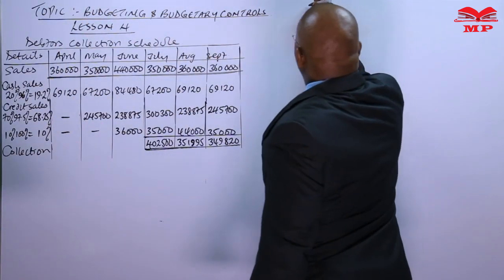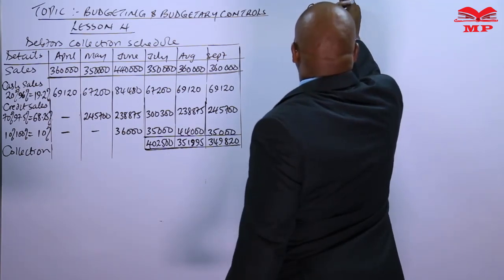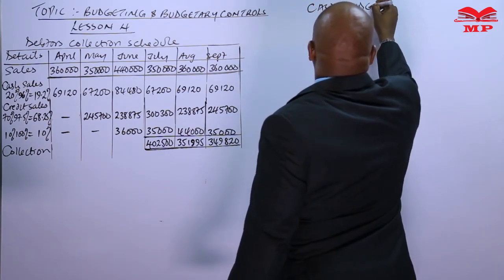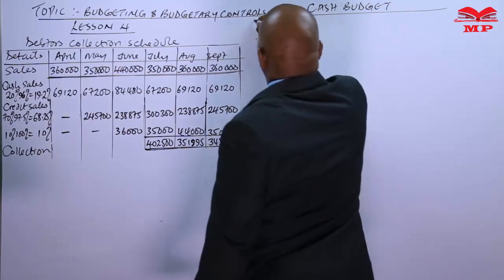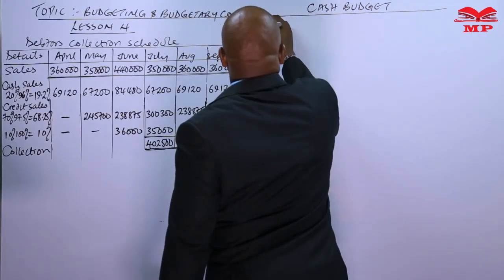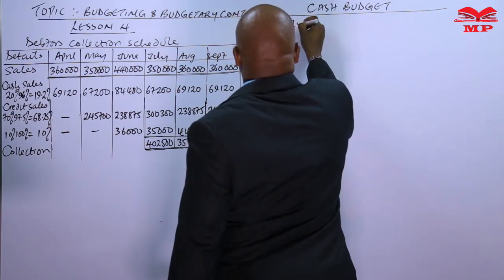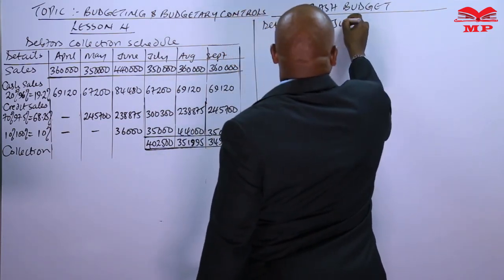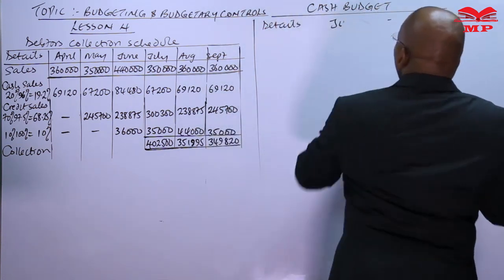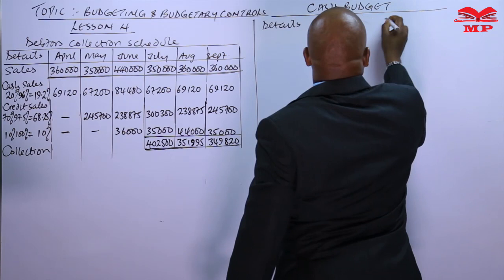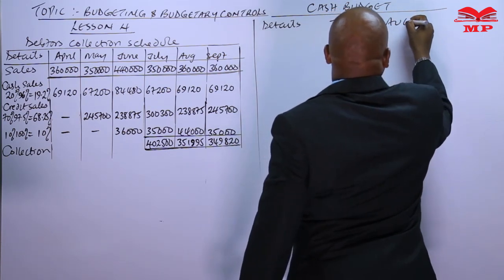So this is our cash budget. So we'll have the details. We have June, not June, but July. We have July. We have August.